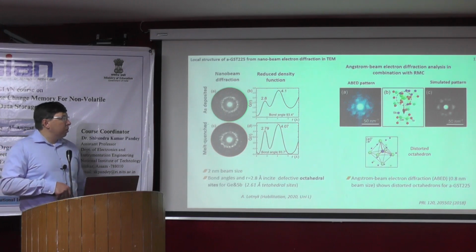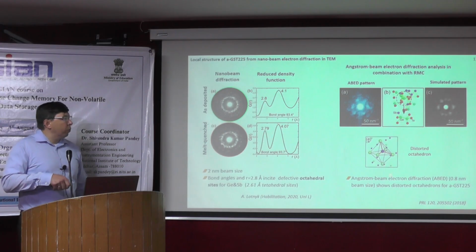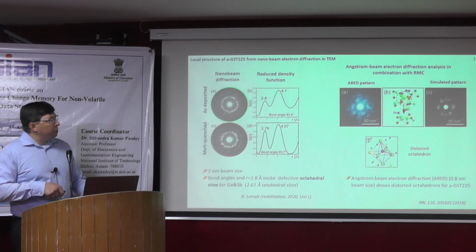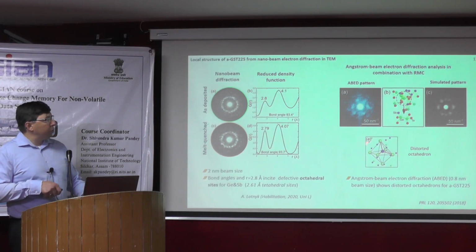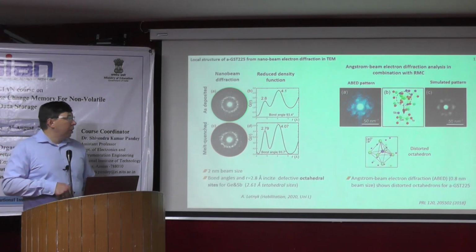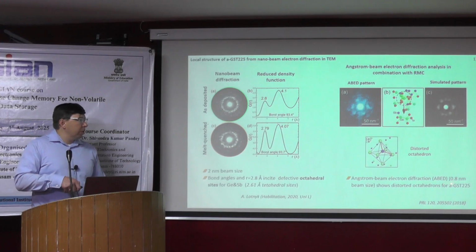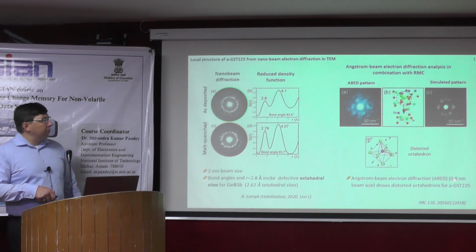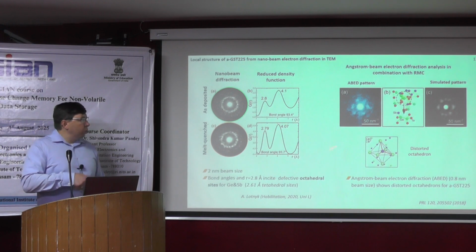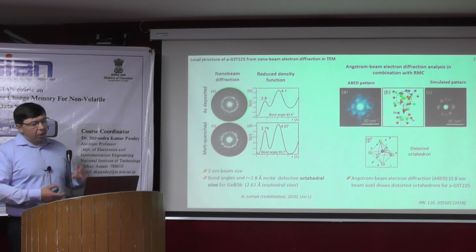They also confirmed that the structural motif of the amorphous material is a distorted octahedron. Here they used a beam size even smaller than in our work, 4.8 angstroms compared with our 2 nanometers, but the conclusion is the same: the main structural motif is a distorted octahedron.